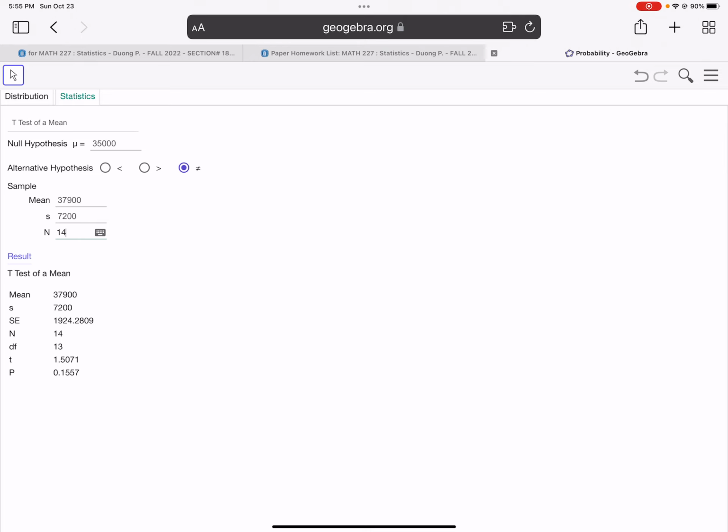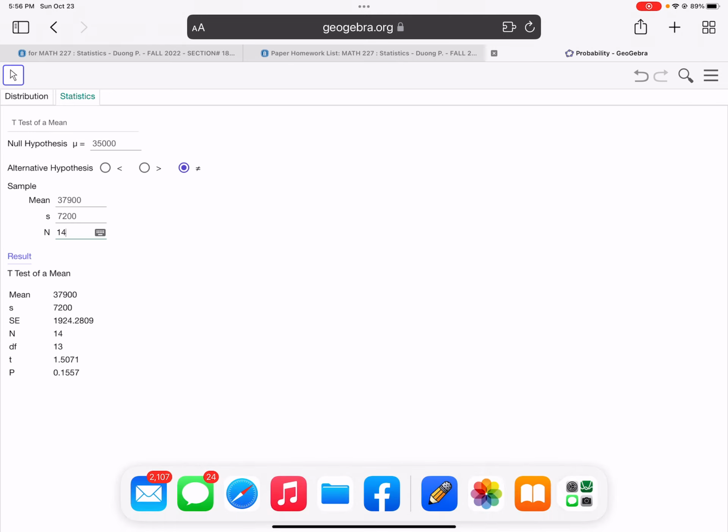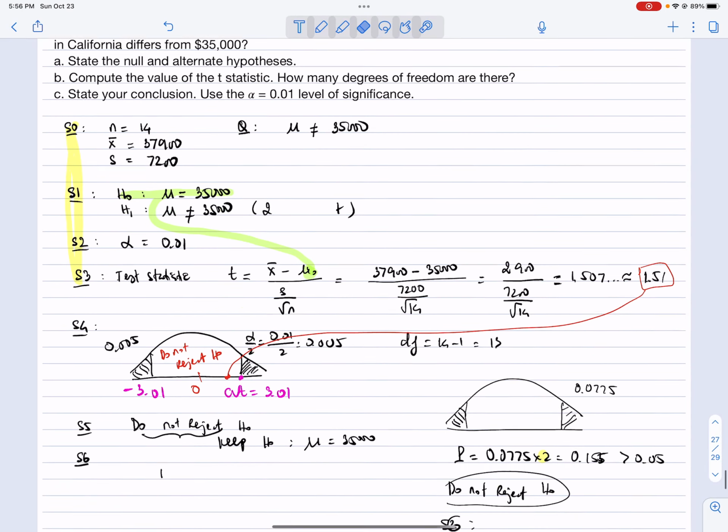And the t, the line next to the last line, is 1.5071, that is the test statistic. The degree of freedom is 13. Okay, so you go back to our problem and it's matching the same, right?